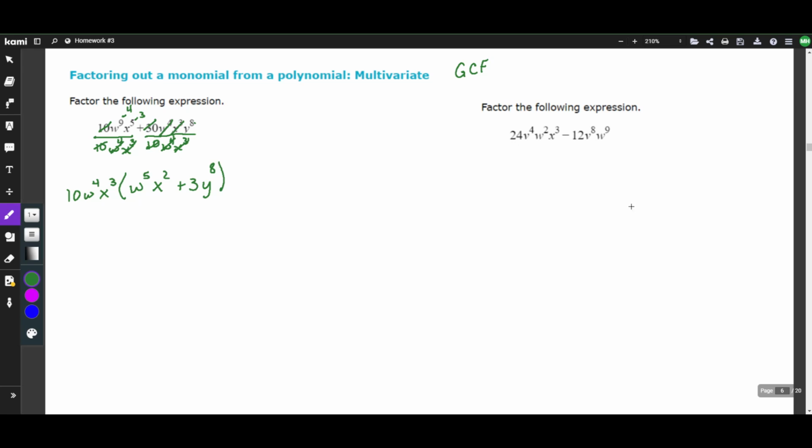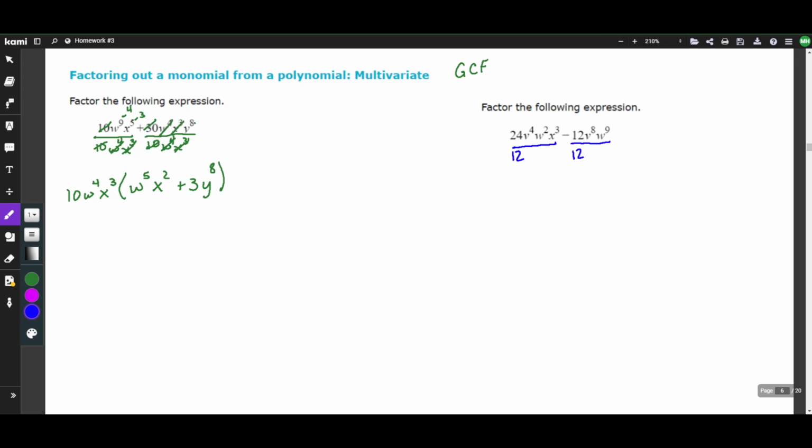So when we're looking at the next problem, we'll just change colors just for the fun of it. 24 and 12. I do know that 12 does go into 24, so I'm going to divide both of these by 12. If all of the letters were to cancel out, then 12 divided by 12 would be 1, and I would want to write that coefficient.